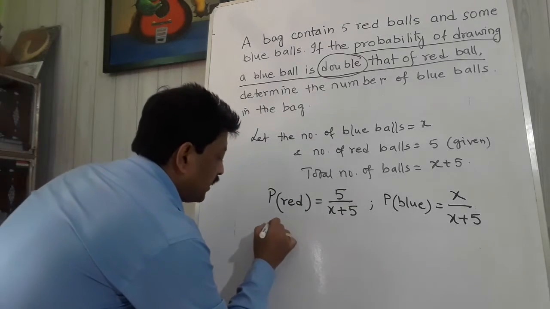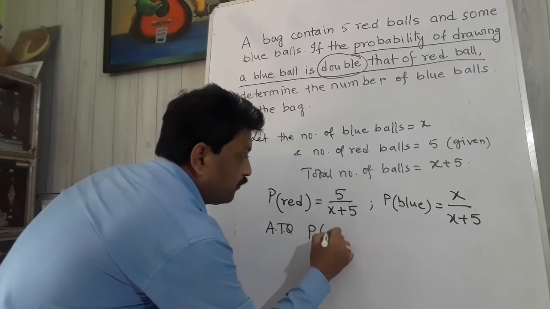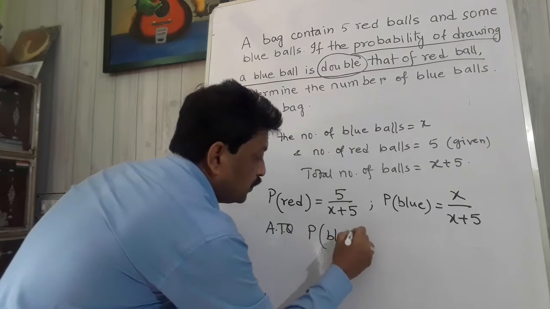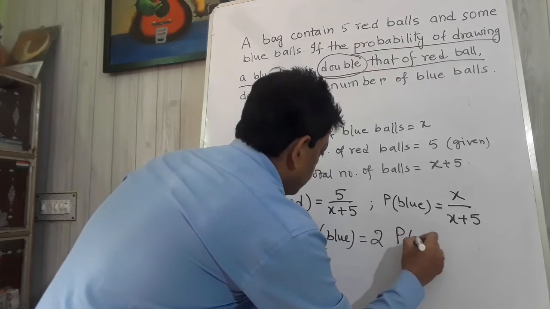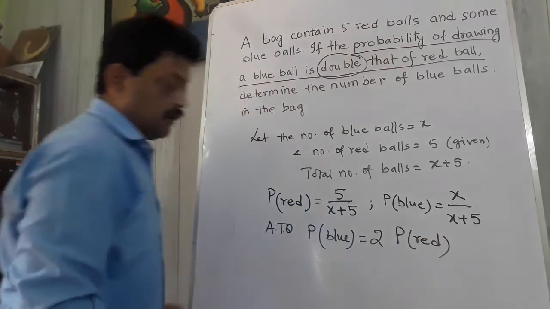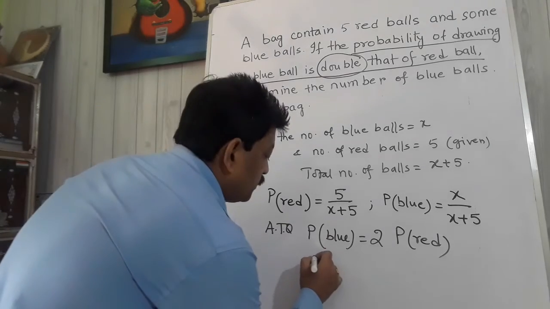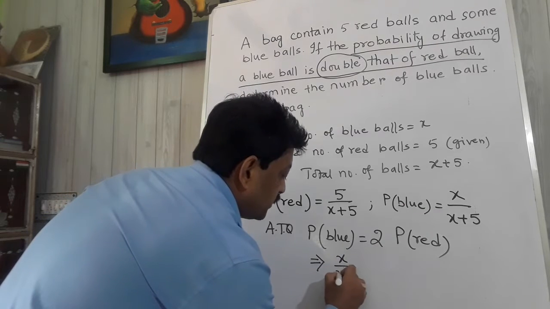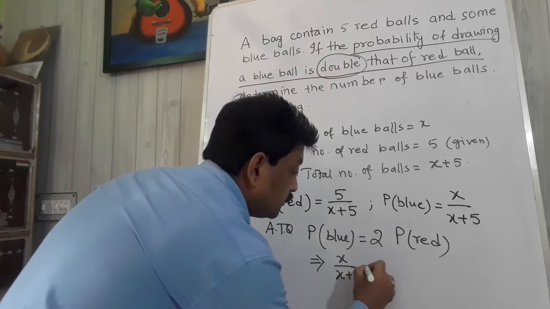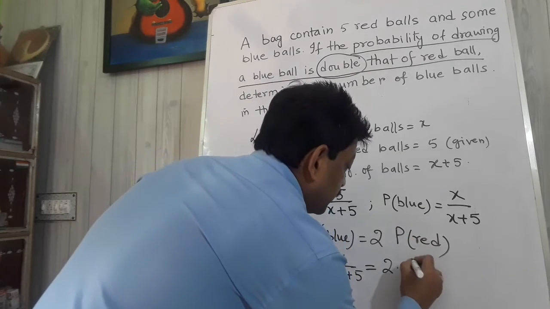So we can say, according to the question, probability of blue is double the probability of red. Now let us solve this. So probability of blue is x upon x plus 5 and probability of red is 5 upon x plus 5.